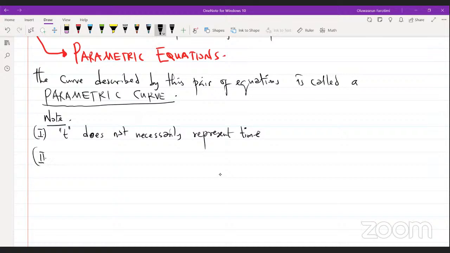Number two thing to take note of, guys, is that when we start sketching the curves, you will get this part better. We use arrows to indicate in which direction t increases.